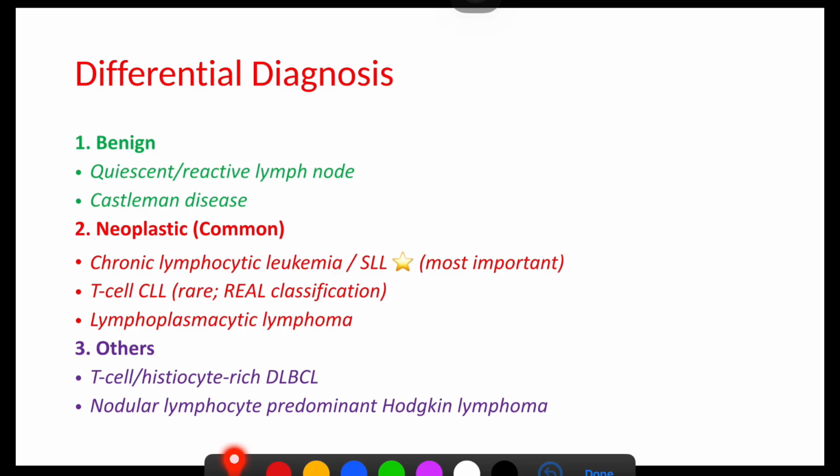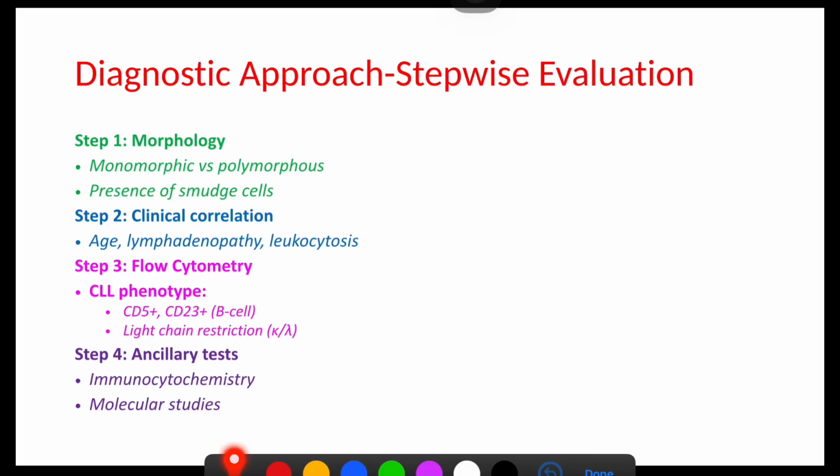Second is T-cell CLL, which is rare and is included in the REAL classification. Third is lymphoplasmacytic lymphoma. Among others, T-cell histiocyte-rich DLBCL is also included in the monomorphous pattern, and nodular lymphocyte predominant Hodgkin's lymphoma.